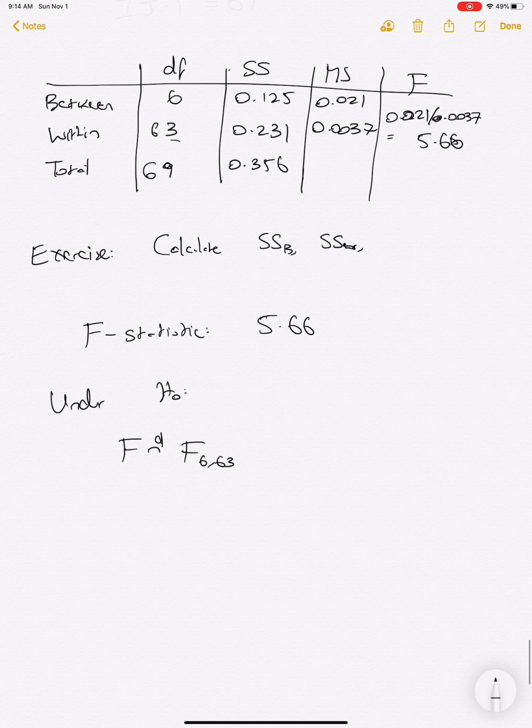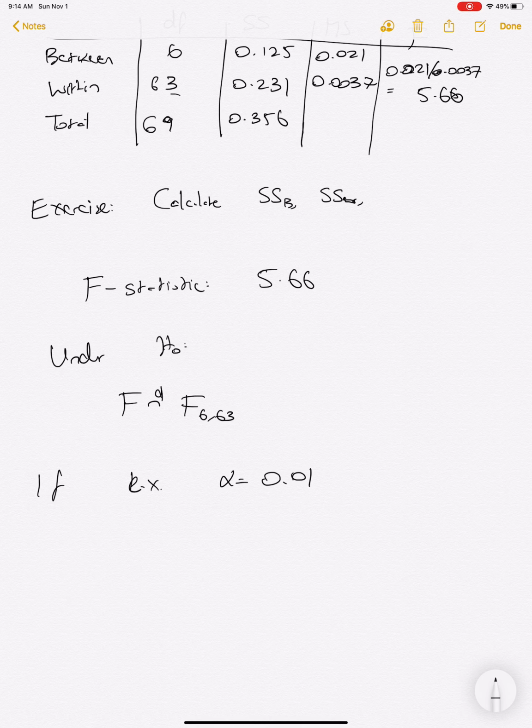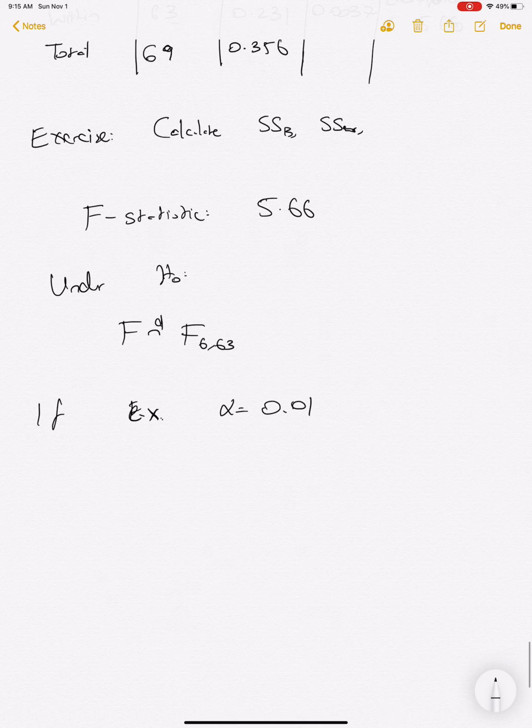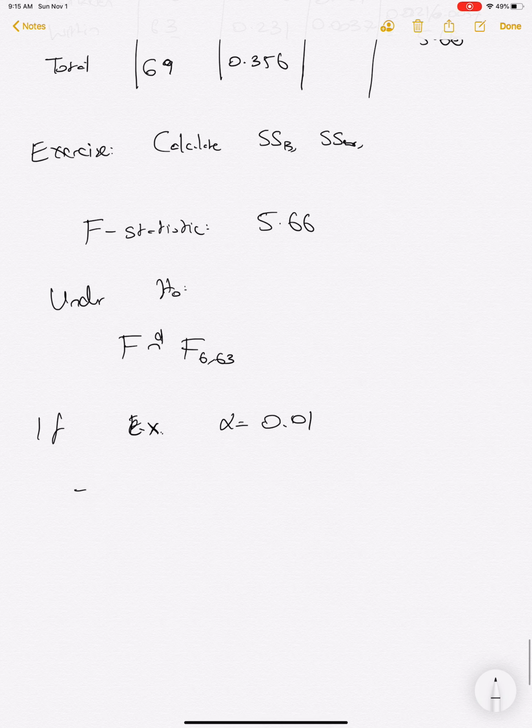And you can see that, for example, if alpha equals 0.01, we'd reject H naught, looking at an F table. You can look at an F table from the appendix, from the web, or anywhere else you can find one.